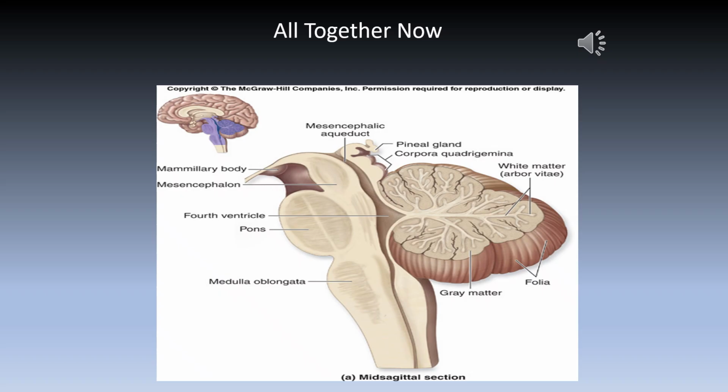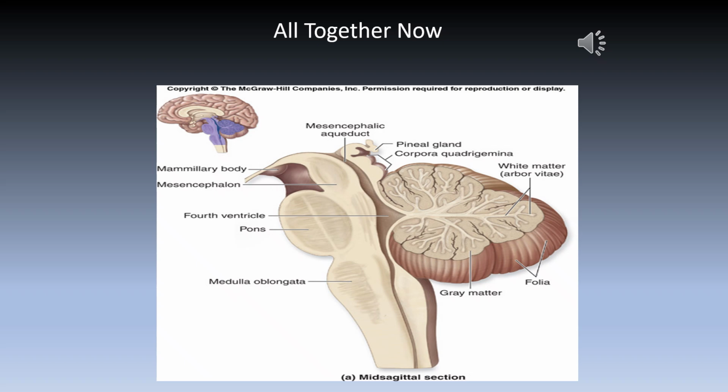From the pons, we have sensory signals coming up the spinal cord through the medulla to the pons and then diverting to the cerebellum by way of the middle cerebellar peduncle.